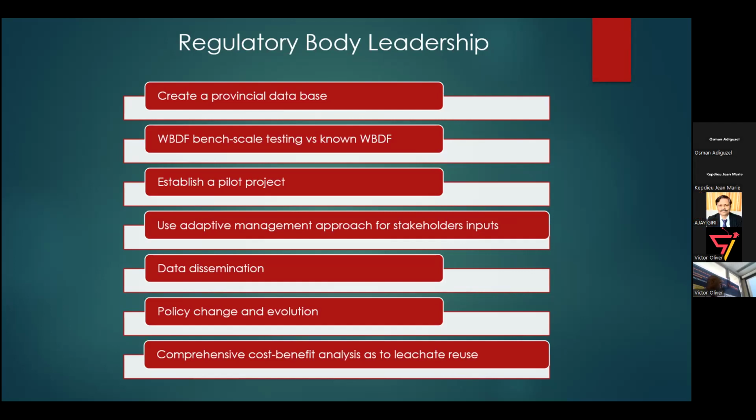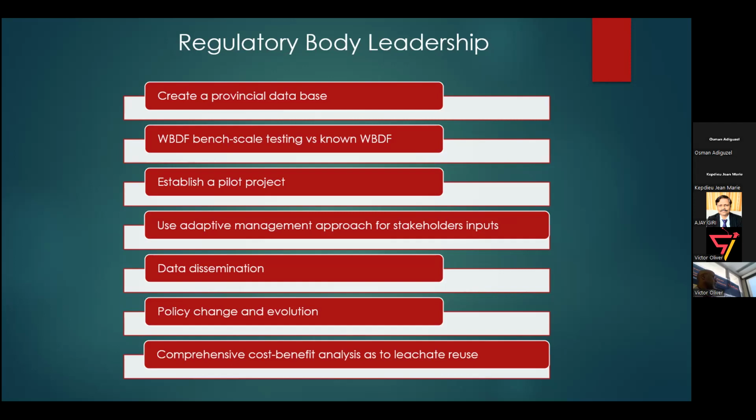Also, be dynamic in terms of policy change and evolution, which means reviewing continuously and adapting, and making it a little easier for the oil and gas sectors to adopt the use of landfill leachate in their operations.